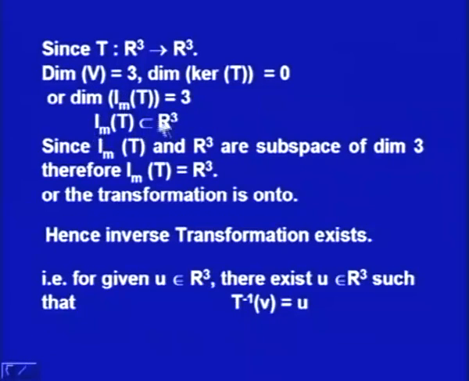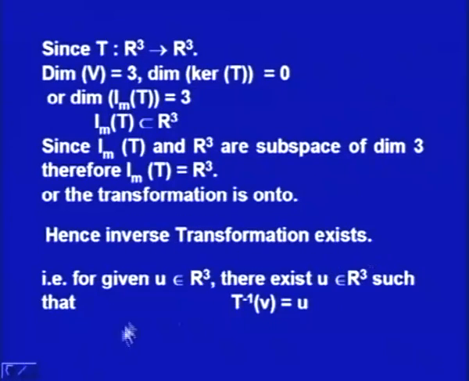Now, image T is a subset of R3 and that means image T is nothing but R3. Therefore, image T is the same as R3 and that means the transformation which is given to us is not only 1-1, it is onto, and accordingly the inverse transformation exists.